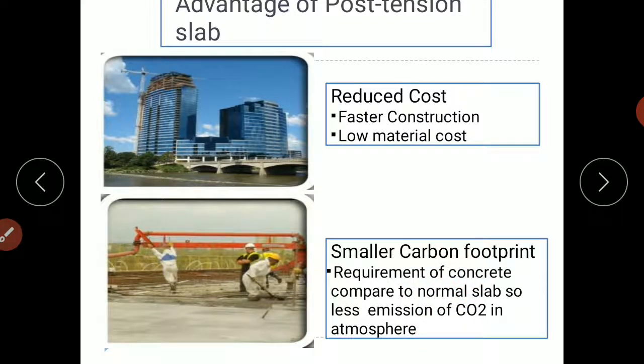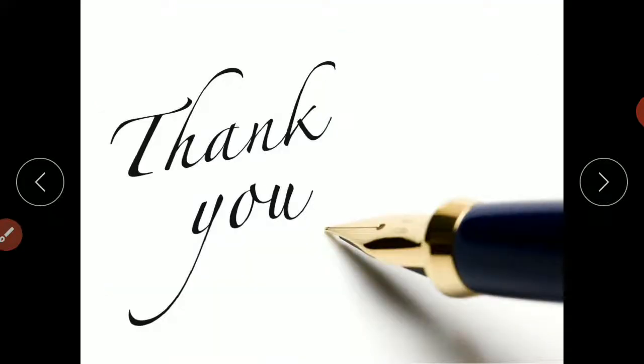So this is one of the advantages, a smaller carbon footprint. These are the basics or background that we require for the design of pre-stressed or post-tension concrete slabs, and again these are divided into two types, one way and two way.